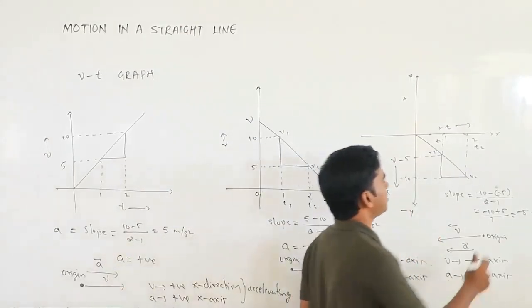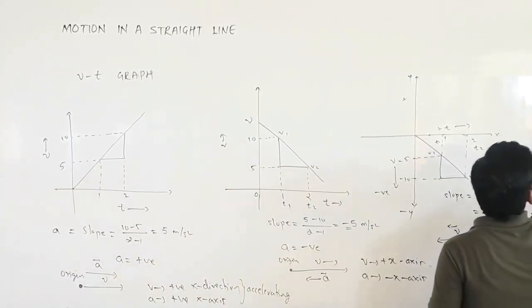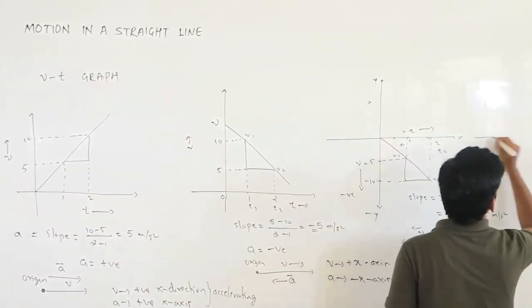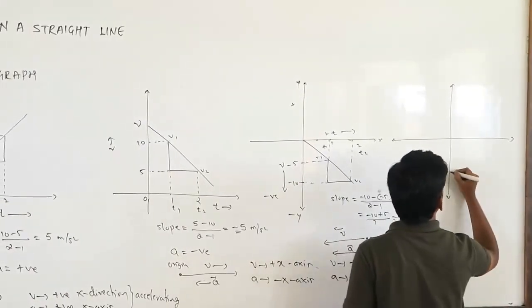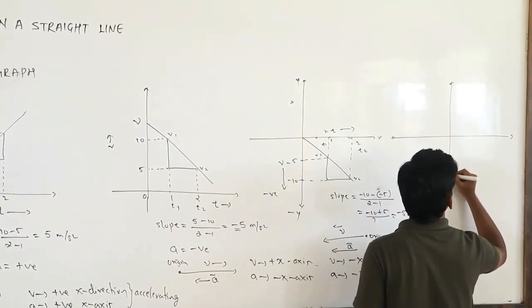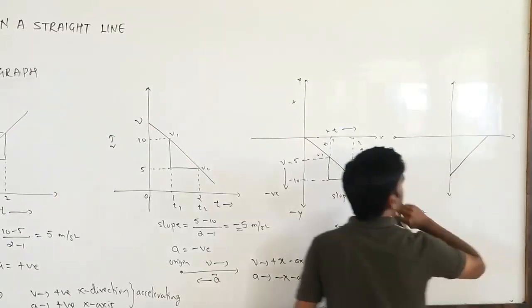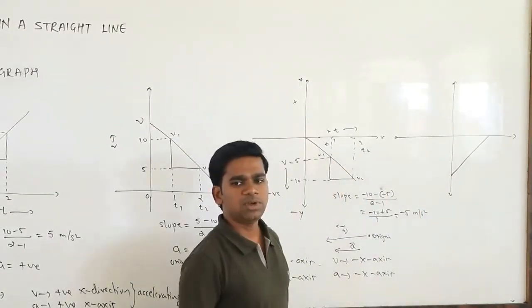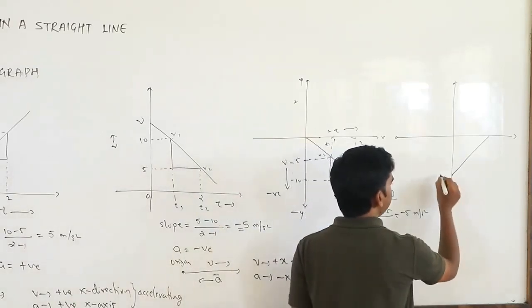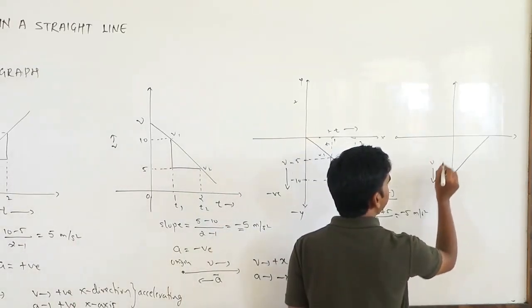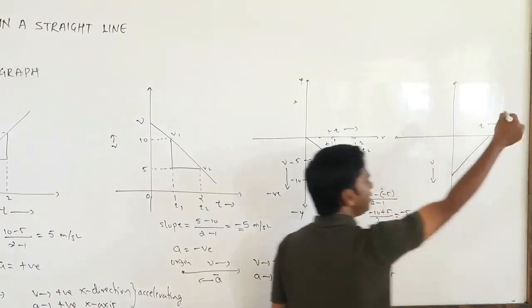I will take one more example. Suppose in the negative direction only, the graph is somehow like this. Now what can you comment here? V is negative and T is positive.